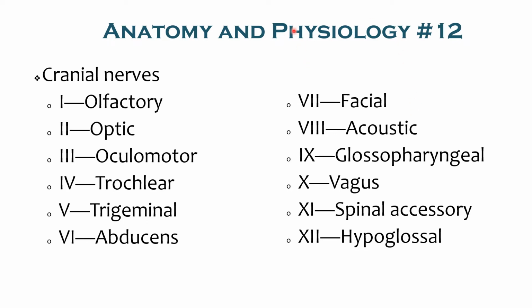And we have cranial nerve number 8, known as acoustic. Okay, this is responsible for hearing, particularly the cochlear division, and it is responsible also for balance or the vestibular division. So this is more of sensory. And we have cranial nerve number 9, glossopharyngeal.